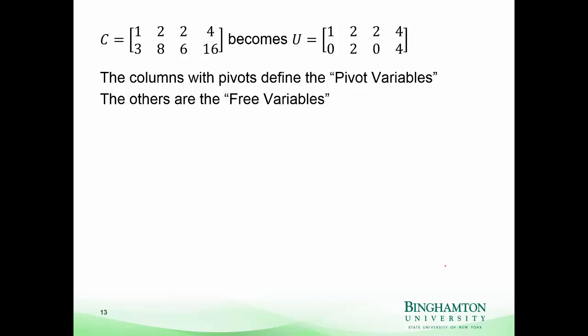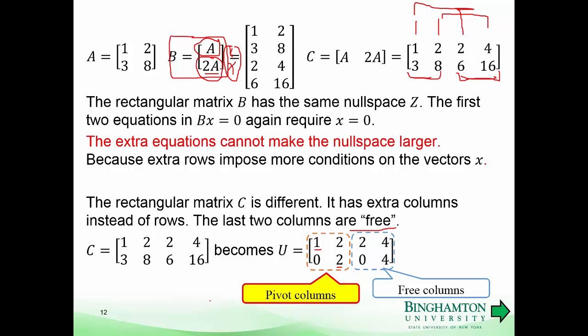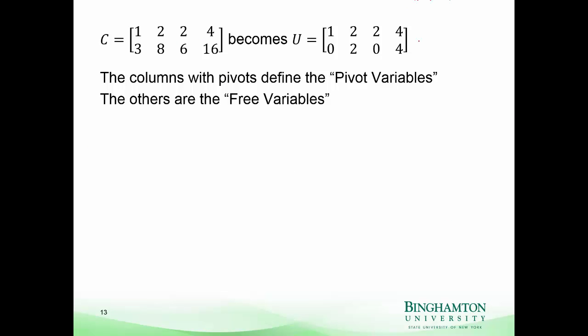So this is just reiterating this. If you go back and look, here's the U matrix that we just had. The columns with pivots define the so-called pivot variables, and the others define the free variables. Remember, we're going to be multiplying this by x1 all the way down to x4, because we have a 2 by 4 matrix, so our solution space lies inside R4 in this case.